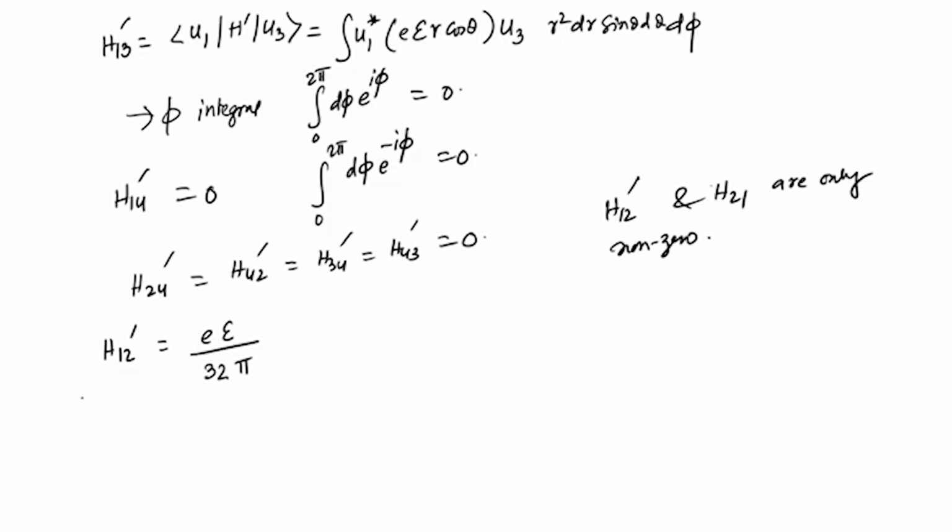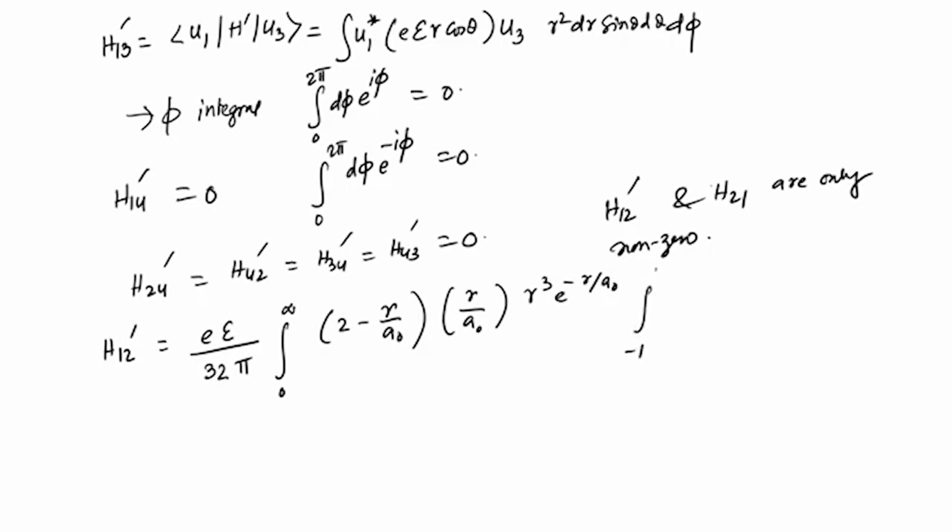So, we are taking the overlap of this perturbation term between U1 and U2. So, 32 pi, and then you have the integral from 0 to infinity of 2 minus r by a 0, and r by a 0, and then r cube exponential minus r over a 0, and then the integral from minus 1 to 1 of cosine square.